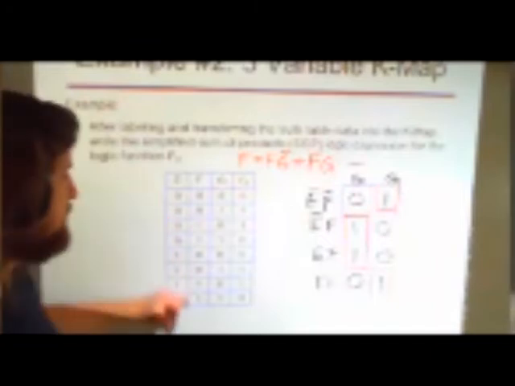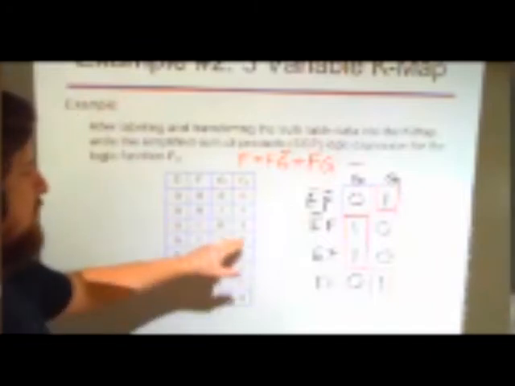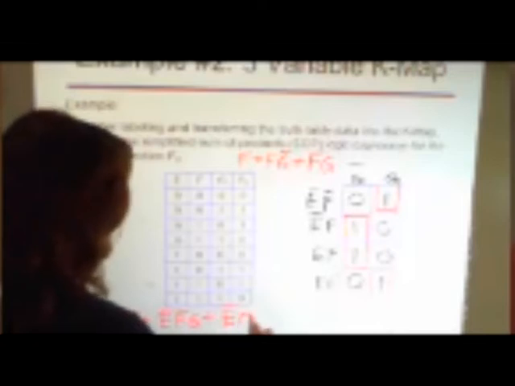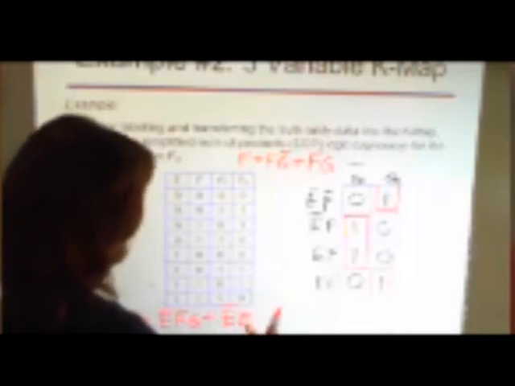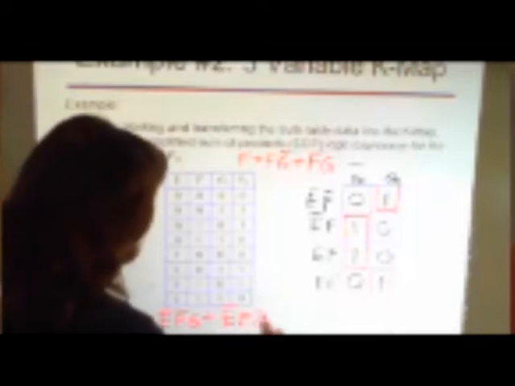And that is the simplification of that circuit, which originally had 4 min terms and a lot of Boolean algebra, right? Over here, we would have started with the original expression of E naught F naught G, or E naught F G naught, or E F naught G, or E F G naught.